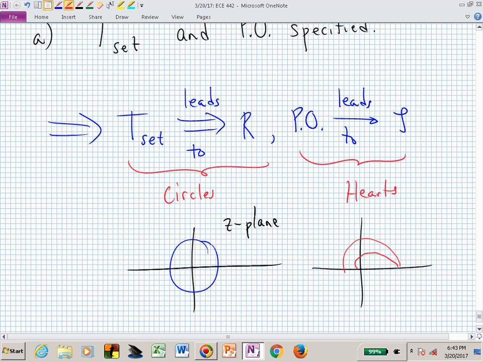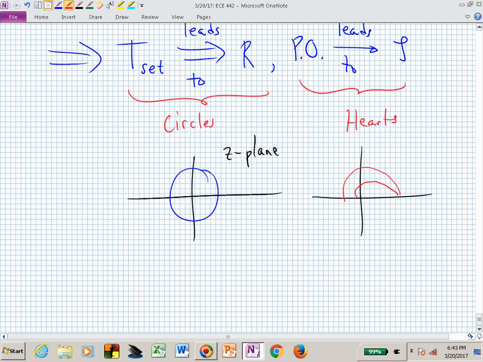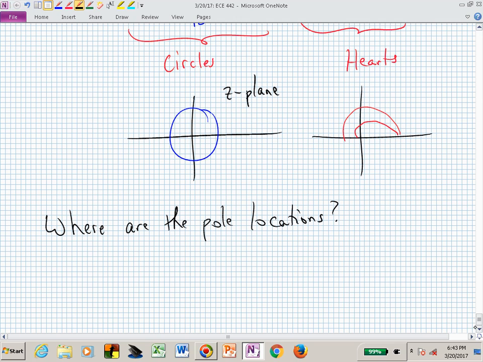So now we have maybe these logarithmic spirals, and we want to know where are the pole locations. How do we find poles? Well, we need to find a z. And how do we find z?